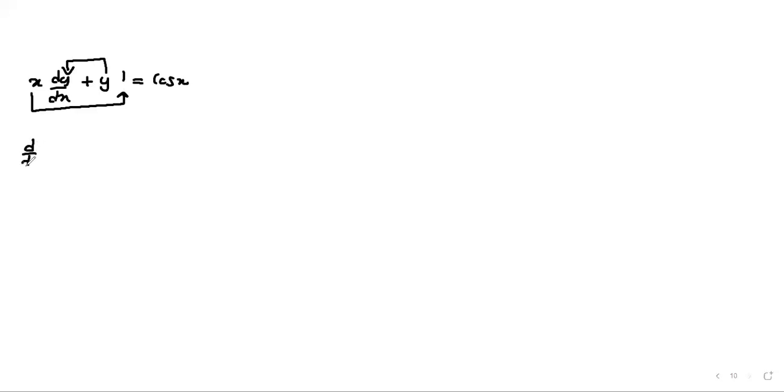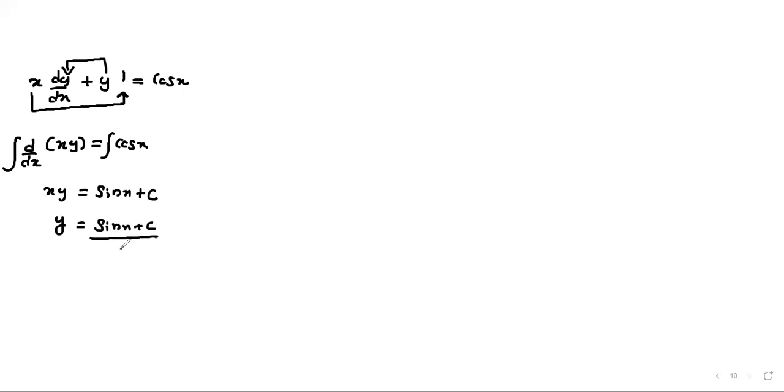This is straightforwardly d by dx of x into y, equals cos x. Then you can integrate both sides. That is xy equals sin x plus c. So y turns out to be sin x plus c over x, the answer for this.